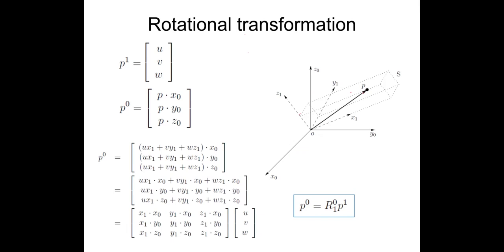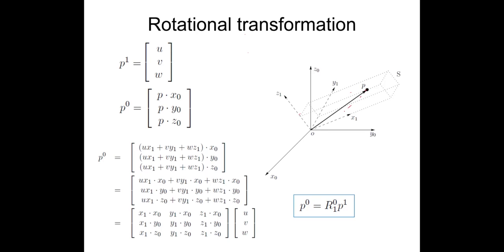And if we consider the vector p in frame 1, we write it as p1. And if we consider this vector in frame 1, we will need to do the projection to x1, y1, and z1.